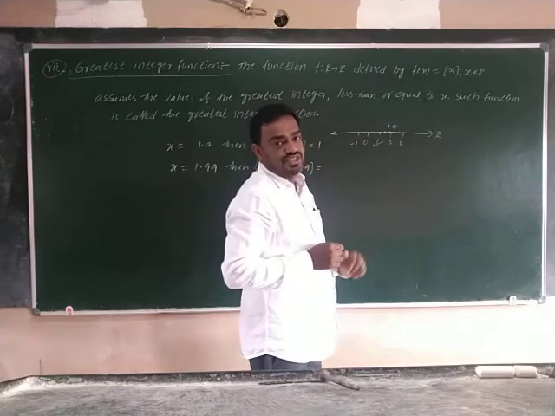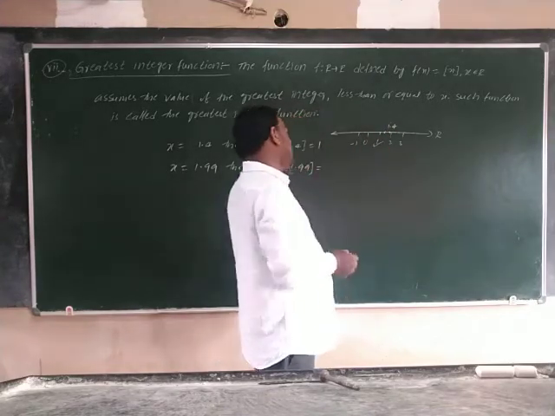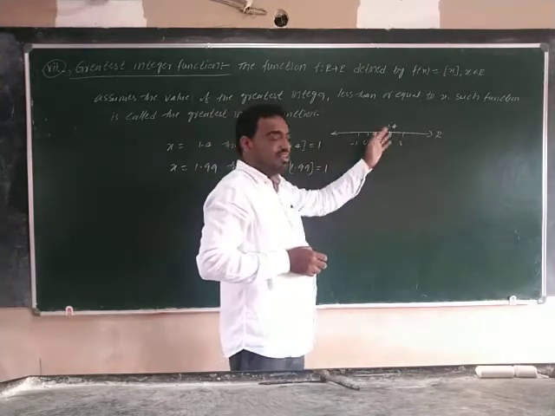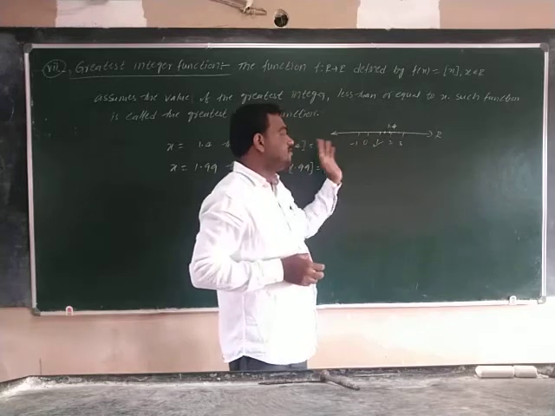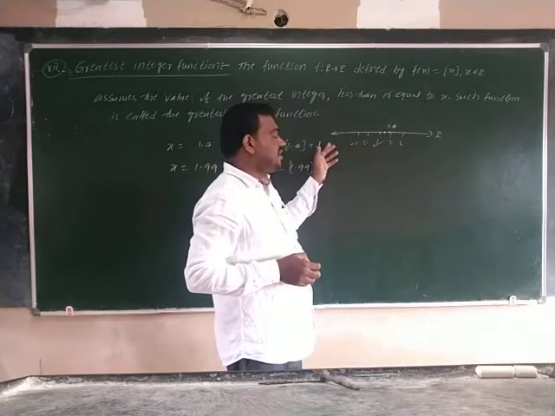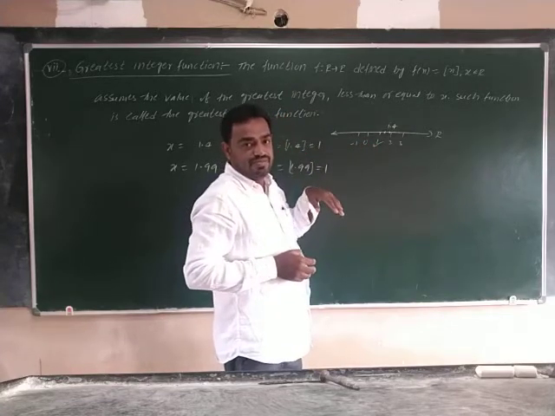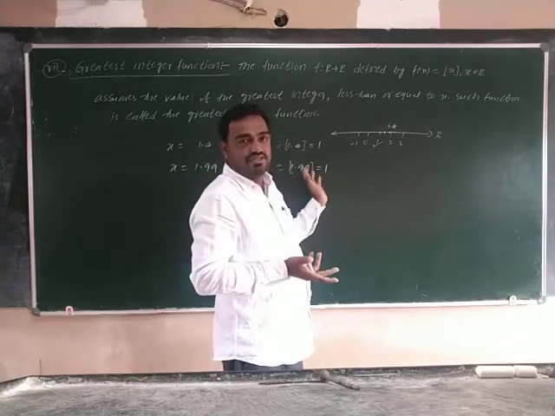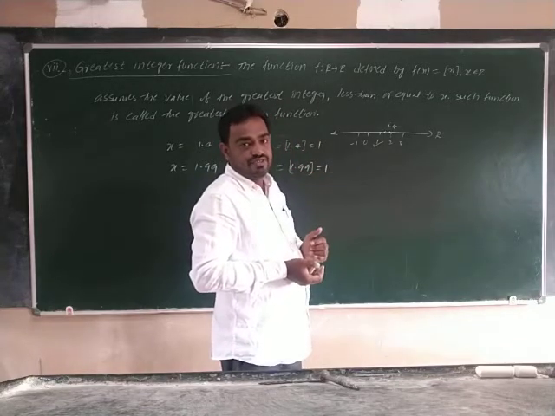Which is the greatest integer? Again 1 is the greatest integer. What are the integers lesser than 1.99? 1, 0, minus 1, minus 2, minus 3 are integers. So which is the maximum? 1 is the greatest. This is the answer. Understood?